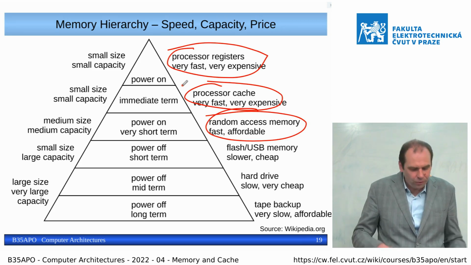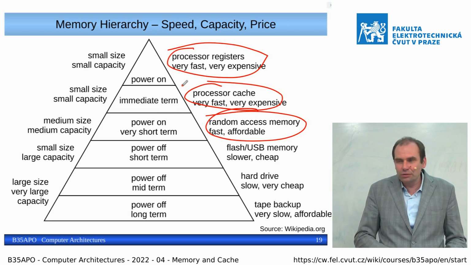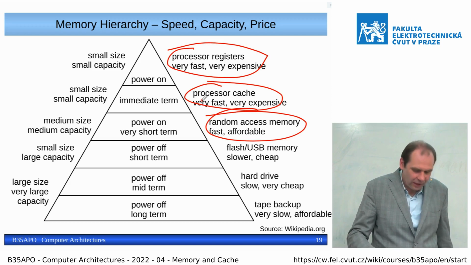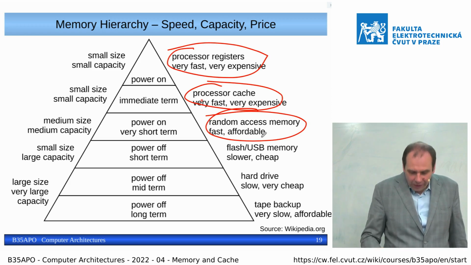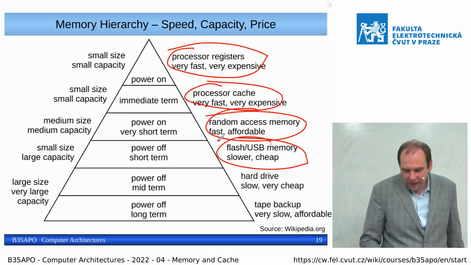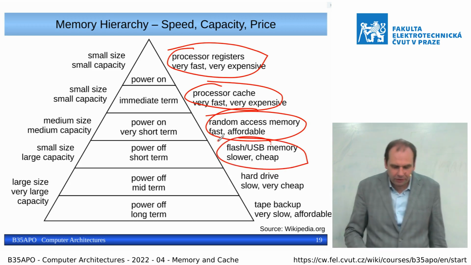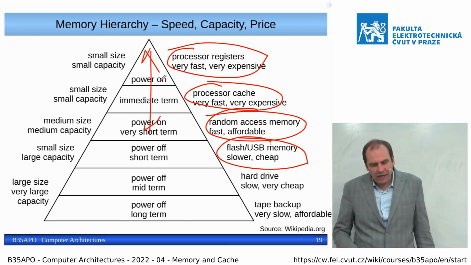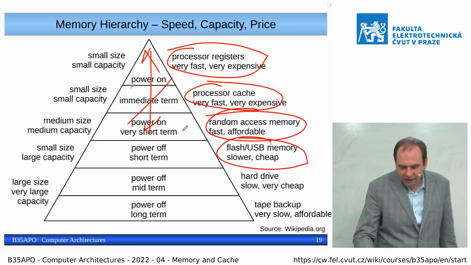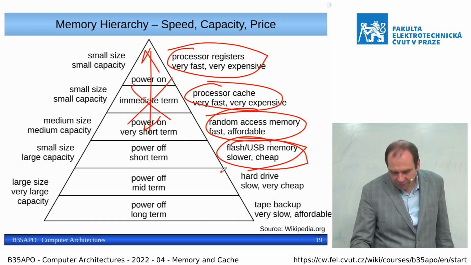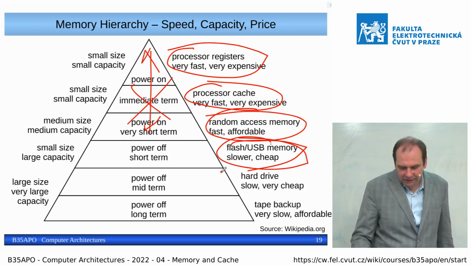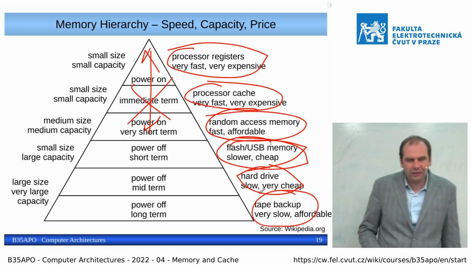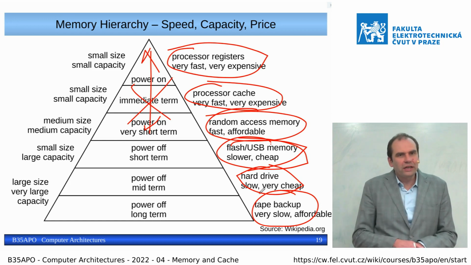Those principles are used in a generic way throughout the whole of IT systems, not only in this hardware-oriented part. Then we can have some non-volatile memory, because as you have seen, this memory needs power, and when you switch off the power, you lose data. Then we can have flash on a USB or an SSD, a hard drive, and if we do not fit into this memory, we can store the data on tapes.